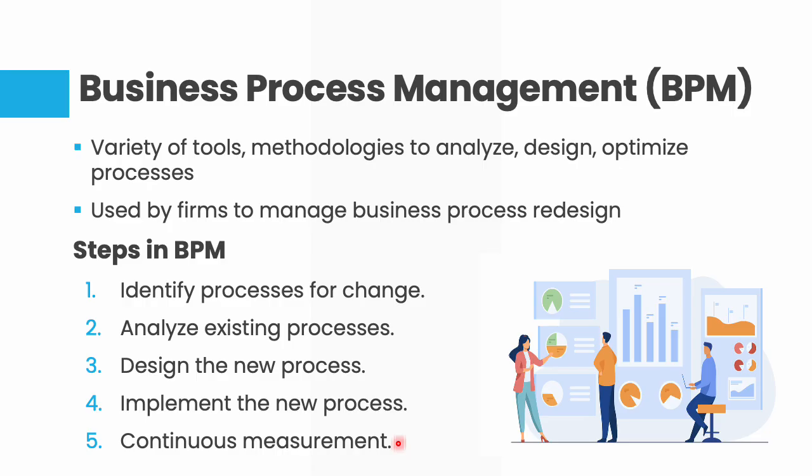A company constantly measures the new process to see if it's really better and finds ways to improve it even more. So it's a never ending cycle of getting better. BPM is not a one time thing. It's the continuous practice of making a company's recipe more and more efficient.